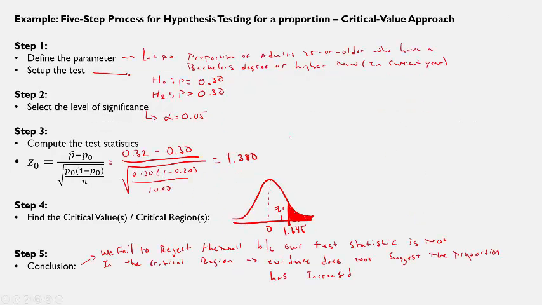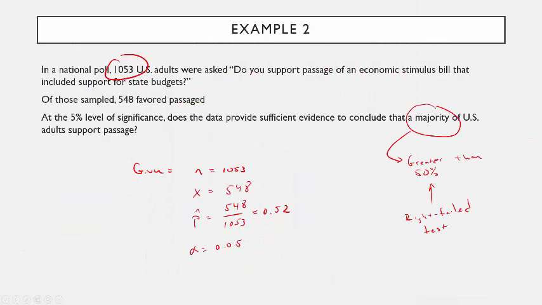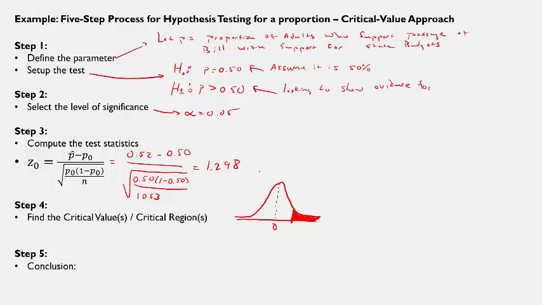Alpha is 0.05, right-tailed test. The critical value, same as the last test, is 1.645. So again, you'll see this one has the same conclusion. Our test statistic does not fall in the critical region. It's over here somewhere, between 0 and 1.645. So here we fail to reject the null.